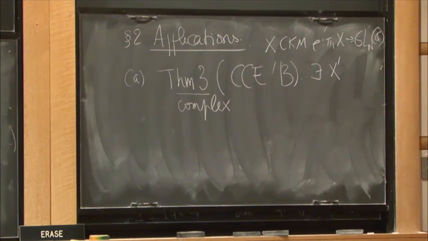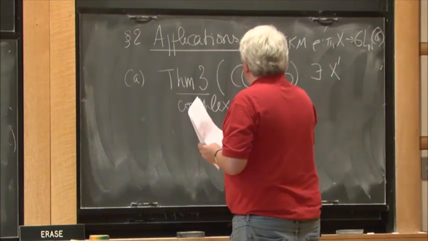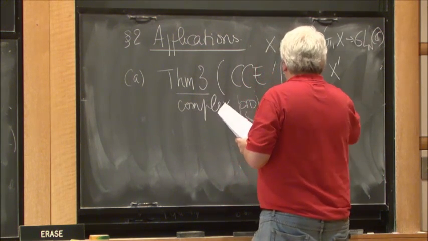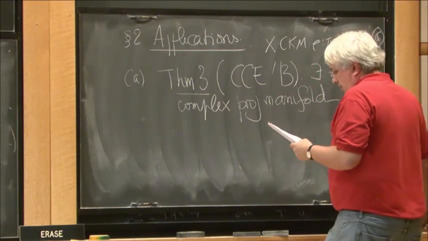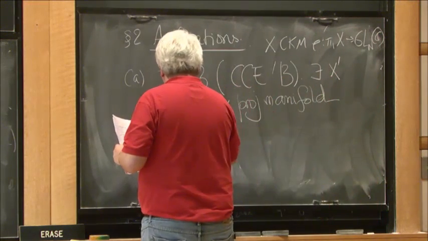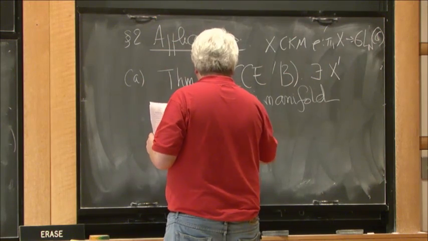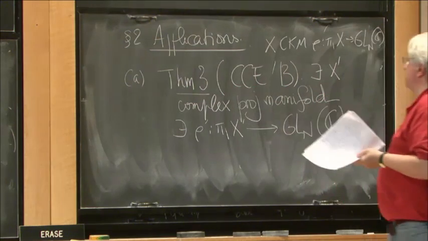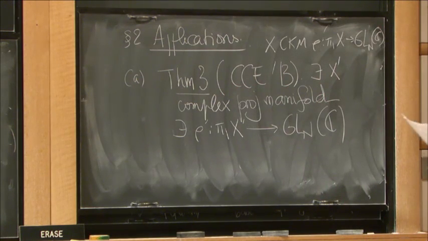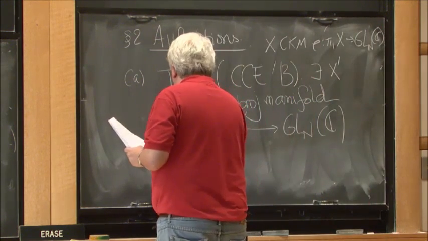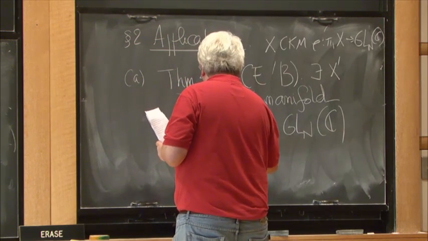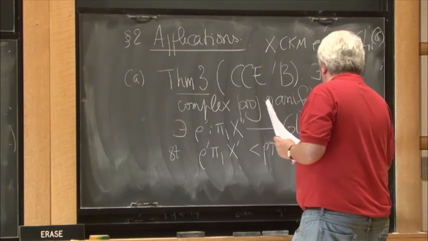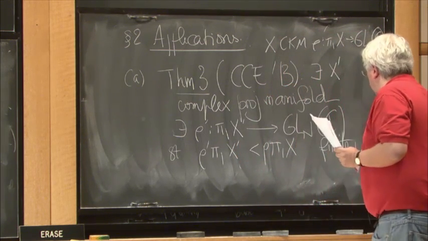Then there exists a complex projective manifold X prime, and there exists rho prime, a representation in the same group of its fundamental group, such that the monodromy groups are commensurable.